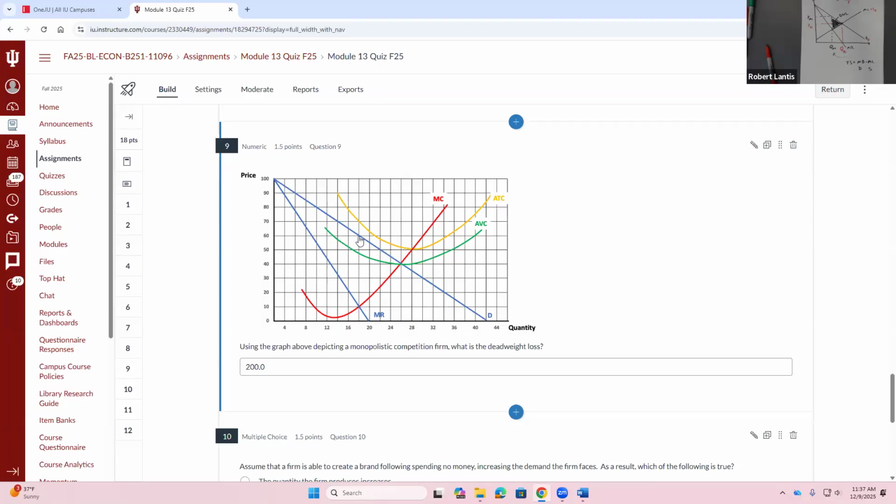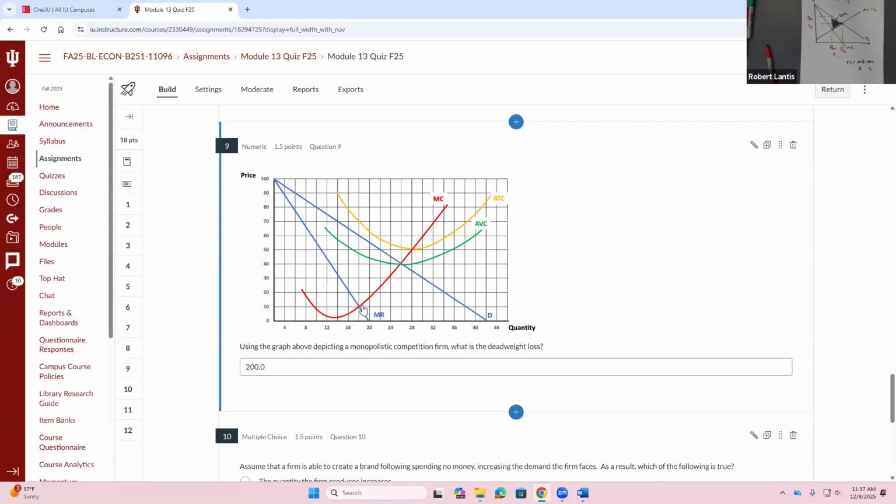The base won't necessarily be my excess capacity. It's the difference between the quantity that the perfectly competitive and the monopolistically competitive firm would choose under the current demand, facing the same current demand curve, right? So it's not comparing to that long run point or the minimum point of the average total cost curve. It's where they would be choosing facing the current demand.